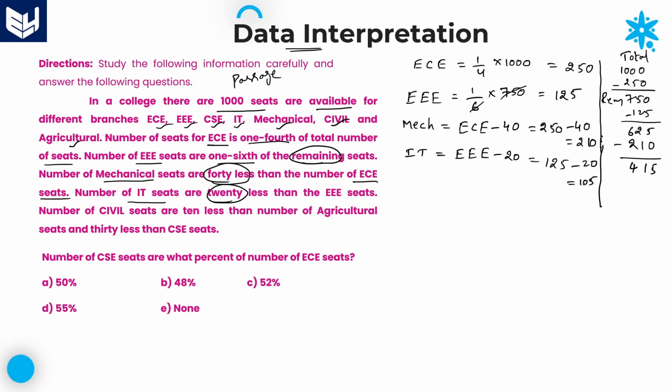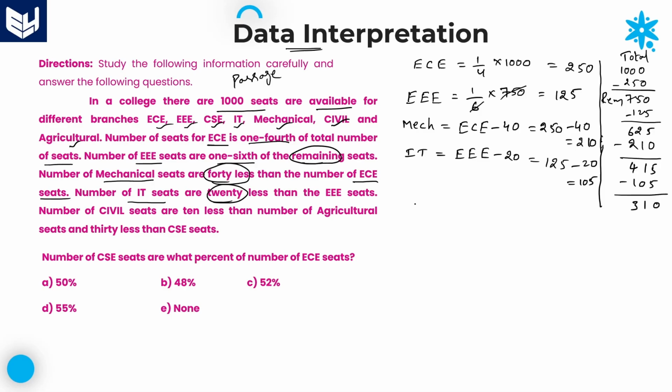Number of IT seats is 105. Now you just subtract 105 from the remaining 415. The remaining seats available after completing ECE, EEE, Mechanical, IT is 310.